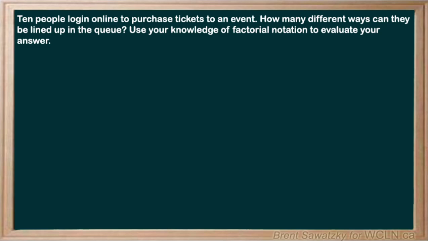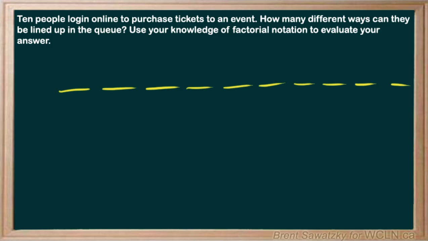Now, before we jump into that, let's just identify that we could use our fundamental counting principle for this problem. We could identify it as, well, we have 10 tasks: 1, 2, 3, 4, 5, 6, 7, 8, 9, 10. And our 10 tasks are identifying those 10 people.